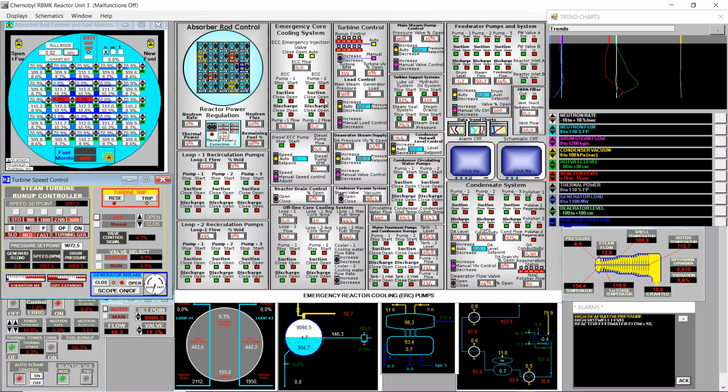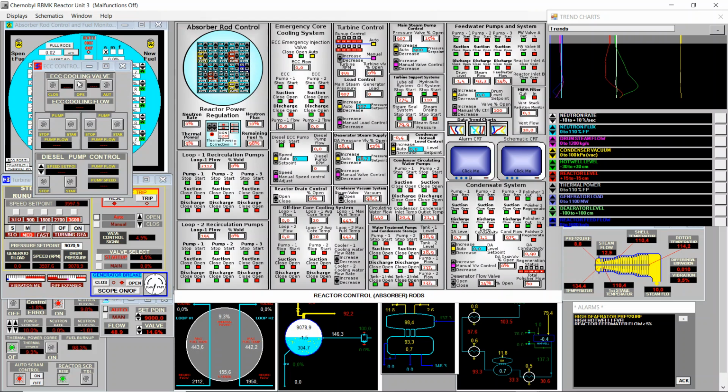Why we don't rely on the diesel ECC pump? Because this needs like 18 or 20 seconds to start and be at nominal speed. So during this time we need these pumps in loop 1 and loop 2 to keep pumping water to avoid the negative effect, the positive void coefficient, if water starts boiling.